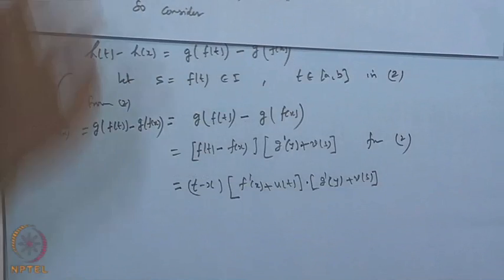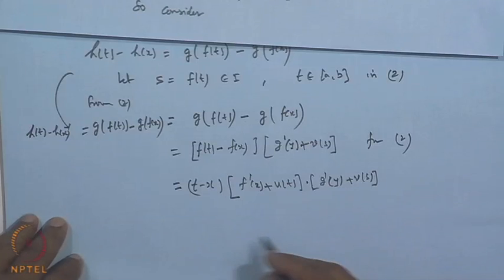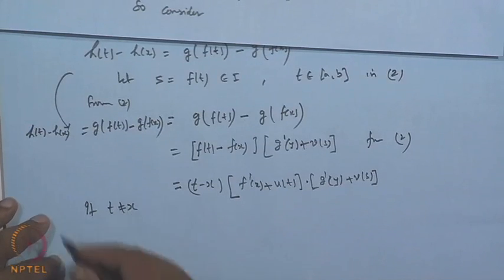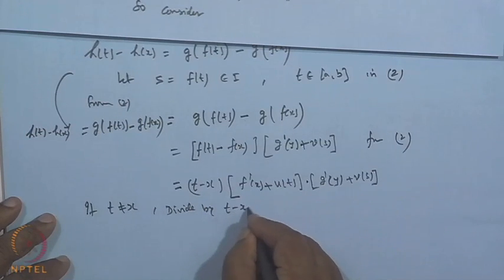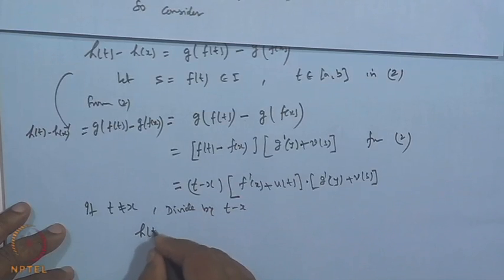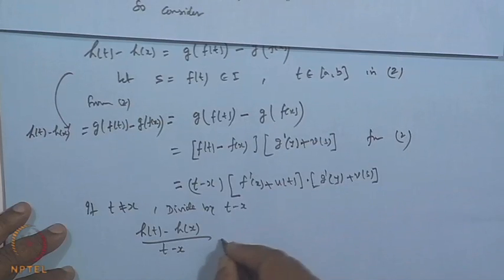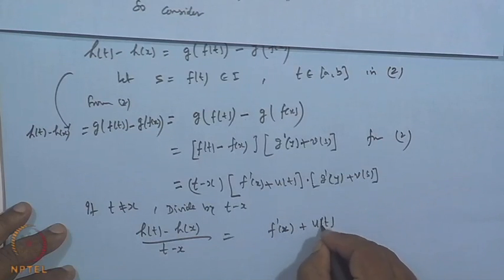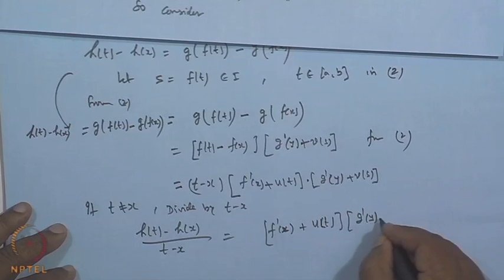Now, let us take this. If t is not equal to x, then we divide by t minus x. When you divide by t minus x, h t minus h x over t minus x is nothing but f prime x plus u t into g prime y plus v s.